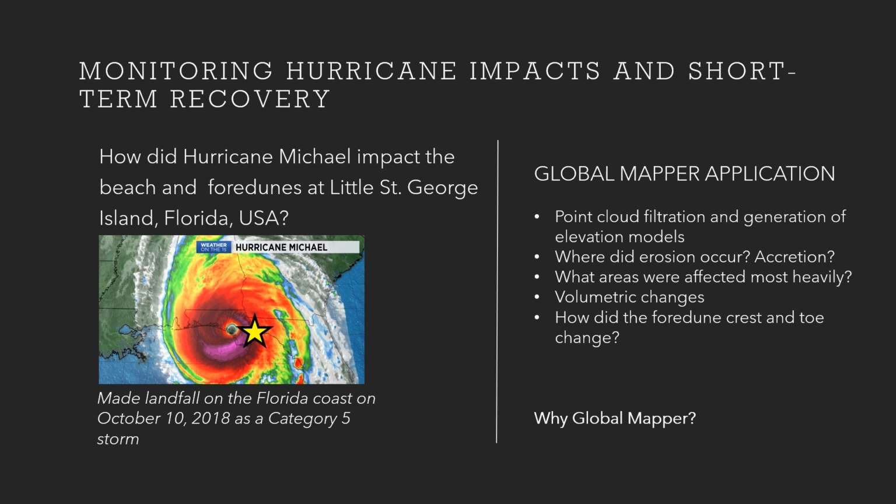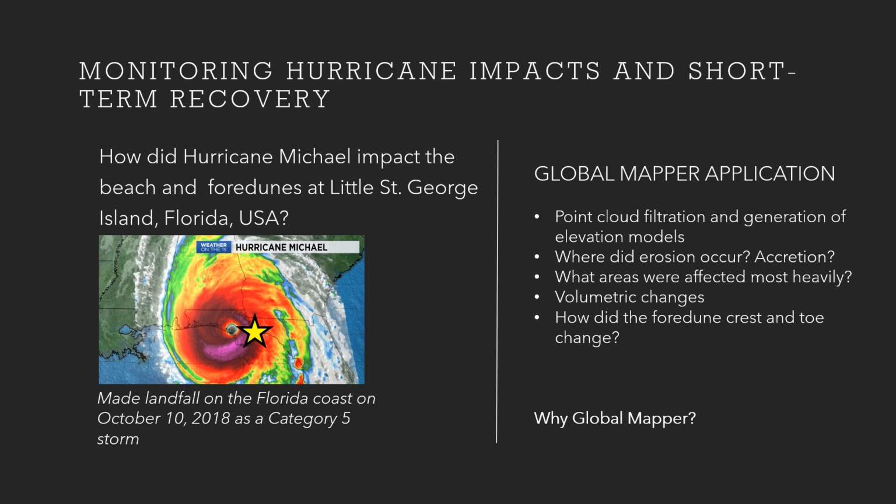And my focus specifically looks at how Hurricane Michael impacted the beach and fore-dune system at Little St. George Island, which is a barrier island off the coast of Florida. Hurricane Michael actually made landfall about 50 to 60 kilometers west of St. George Island in 2018, but it made landfall as a Category 5 storm. So it still had really severe impacts on the island itself.